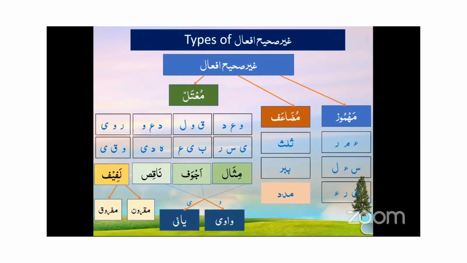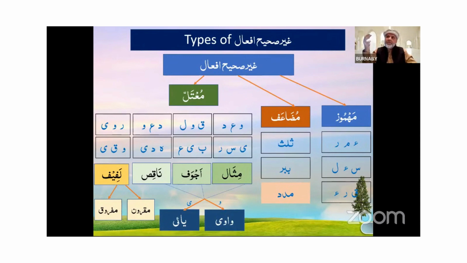So if I say we're dealing with misal, you will say, what is misal? Oh, in misal, the weak letter is at the fa position. This is how I put it in my head. And if it's a waw, it's a misal wawi. If it's a misal with the ya, then it's misal yai. If it's mahmuz, Mahmuz means Hamza. Hamza could be in the fa position, ain position, or lam position.